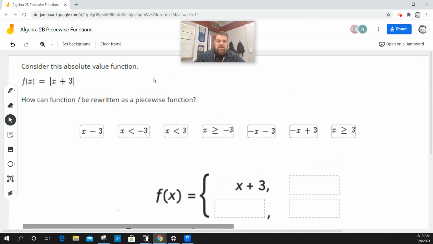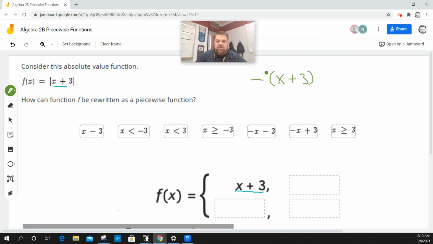As you can see here, the first part of this piecewise function is the positive part. So this is just as you see it in the absolute value brackets. Now the next part would just be the negative of that expression. In other words, what's the negative of x plus 3? Because when you put that in the absolute value brackets, you just ignore the negative.